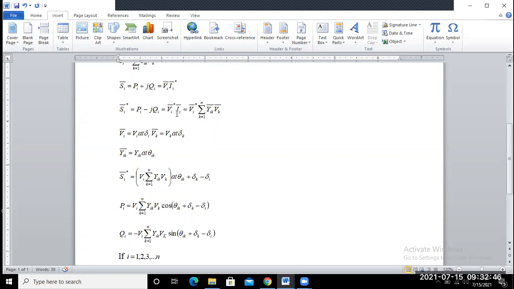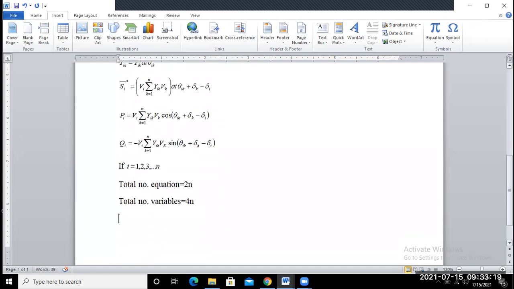II equal to PI minus JQI divided by VI complex conjugate. From this equation, we can write the current equation for the ith bus, that is, II equal to the summation of k equal to 1 to n, YIK VK. So from this equation we can write the value of II.